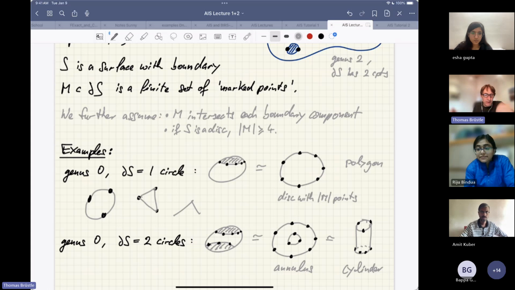Anyway, I will come back to this later. I will consider arcs up to homotopy, so I can bend my arcs in any form I wish. It just needs to be continuous.